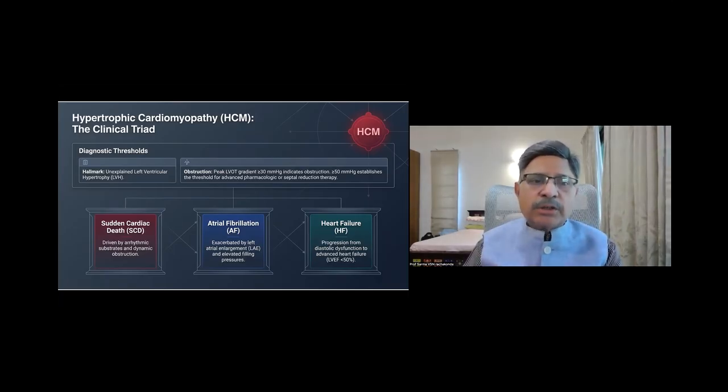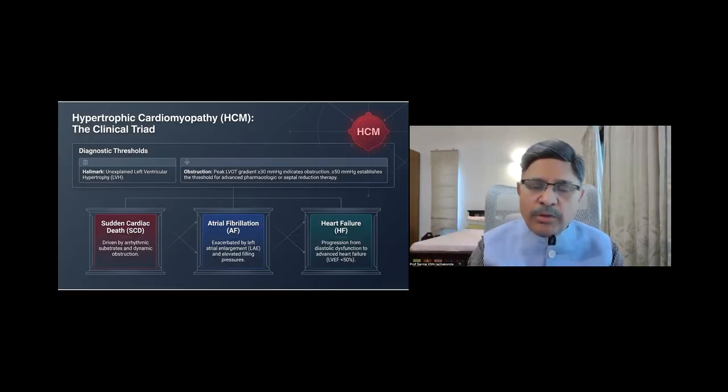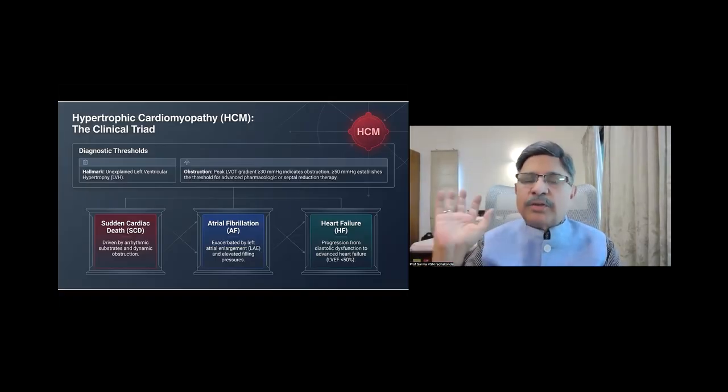The diagnostic thresholds: unexplained left ventricular hypertrophy. Don't neglect unexplained left ventricular hypertrophy. What do you mean by unexplained? There is no hypertension as a cause for LVH, no ischemia as a cause for LVH, no aortic stenosis as a cause for LVH, no aortic regurgitation as a cause for LVH.